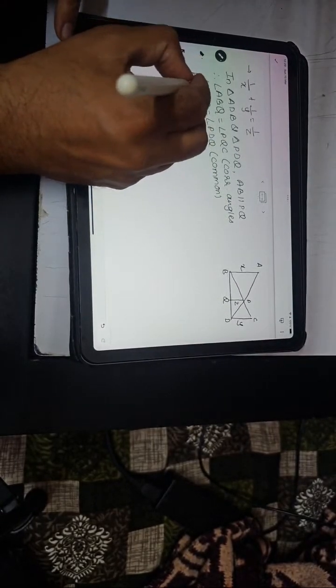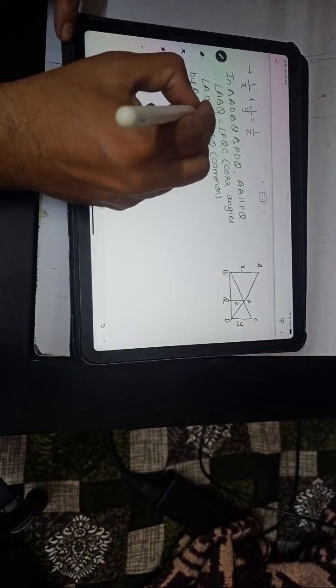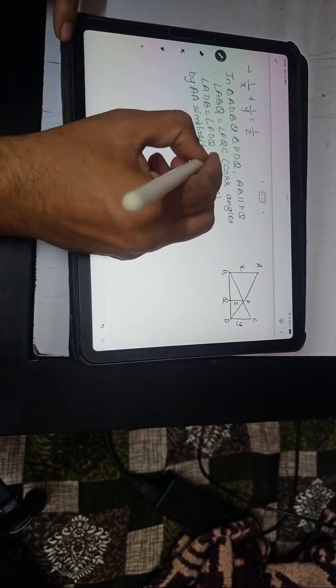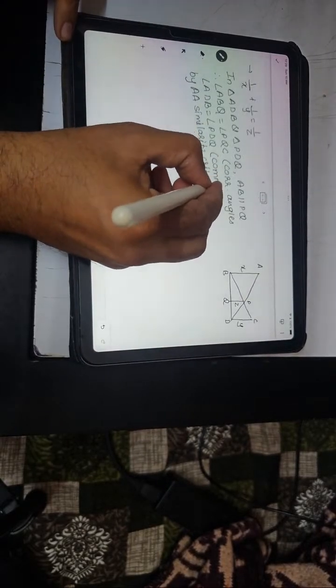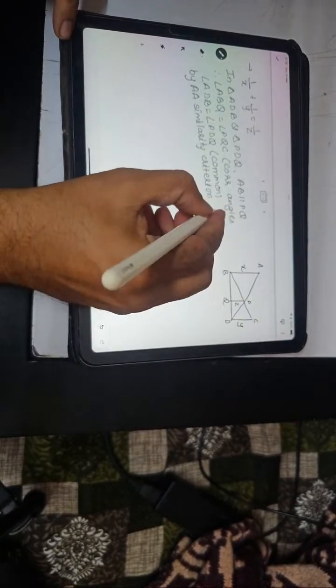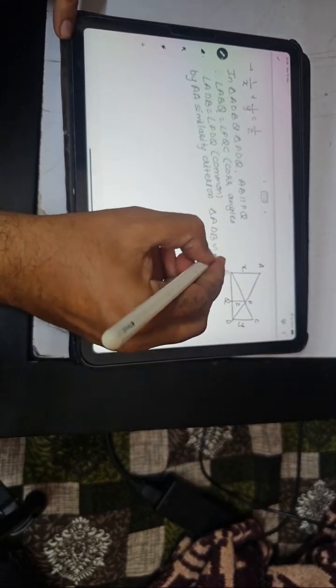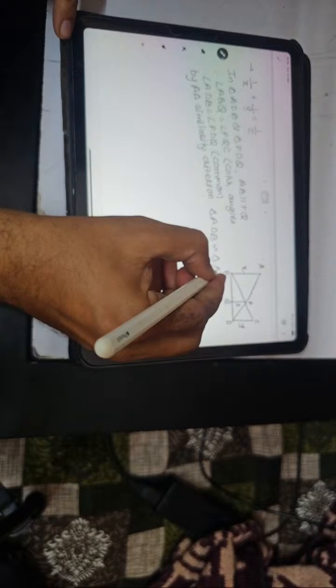So by AA similarity criterion, triangle ADB similar to triangle PDQ.